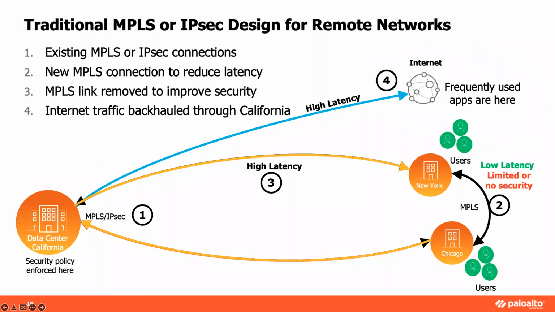So all of a sudden, instead of having most of your traffic going to a data center, most of it's going out to the internet. And what's the shortest path? Well, it's not going halfway around the country and then going out to the internet. The shortest path is straight out to the internet. That's what you want to achieve.